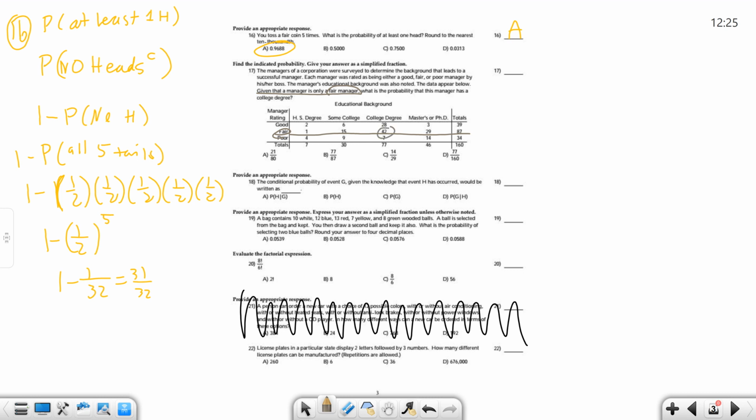So college degree is 42 out of how many? 42 out of 87. Now, when I look up here, I don't see 42 out of 87, so I have to wonder if this thing simplifies. If you have the math frac button on your calculator, you can use it, or you can try to divide some things out.